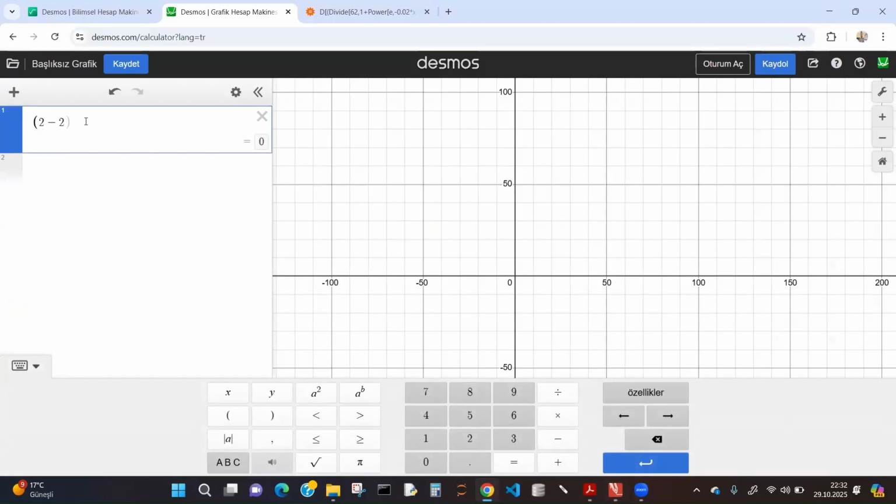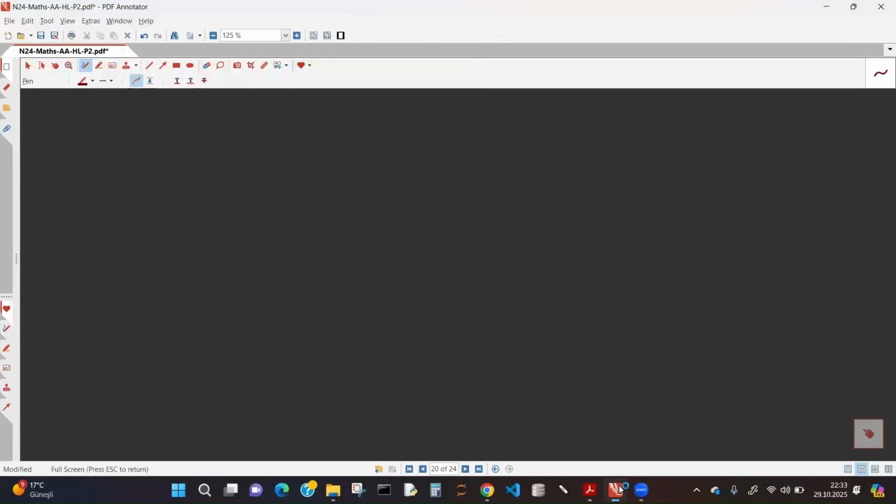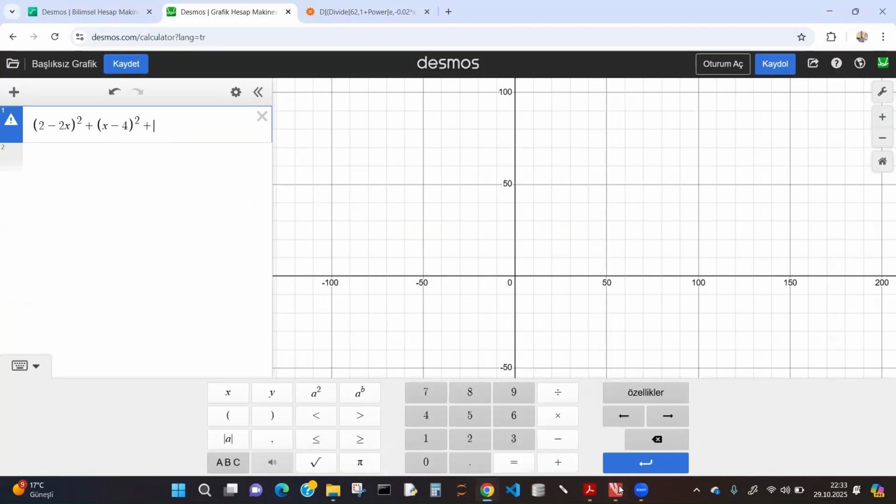So it is (2 minus 2x) to the power of 2 plus (x minus 4) squared, where we are writing the variable x in place of lambda, plus (3x) squared, which is 9x squared.